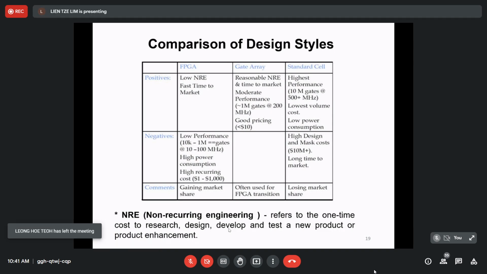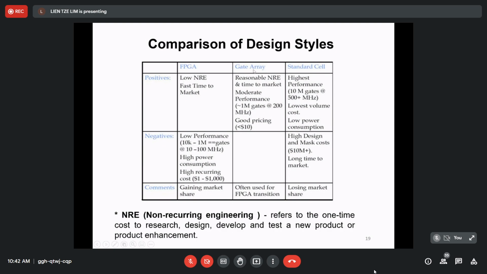So this means the cost including the research, design and development of applications. So FPGA requires low cost for research. And it has a fast time to market, meaning that from design to production it takes a very short time. So these are the advantages for FPGA.